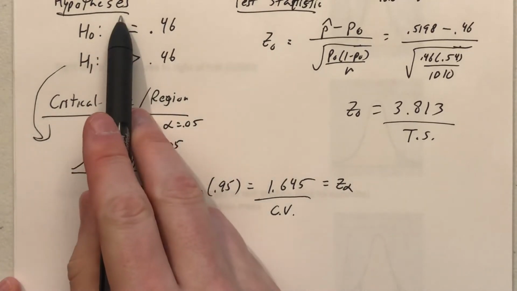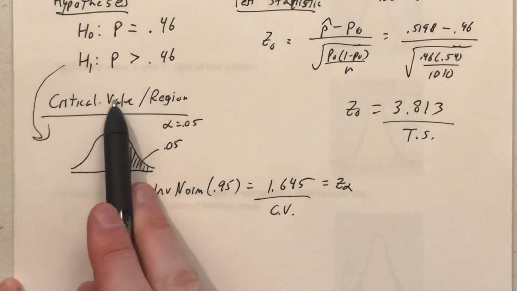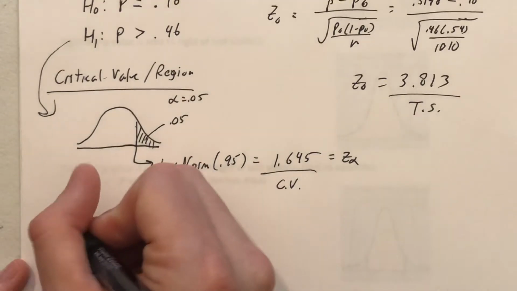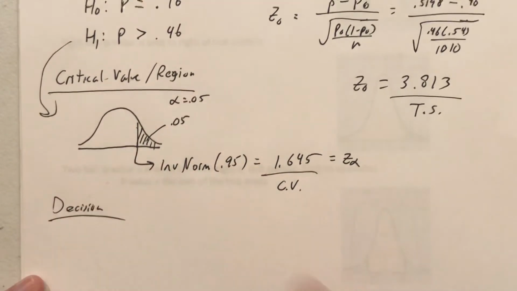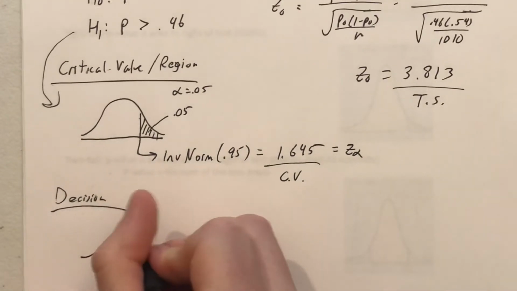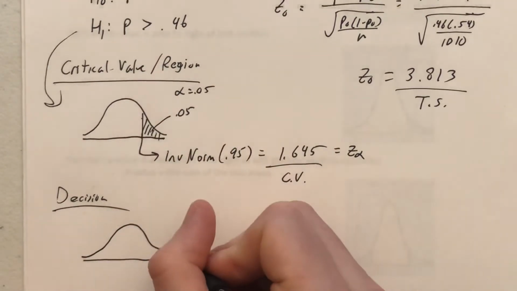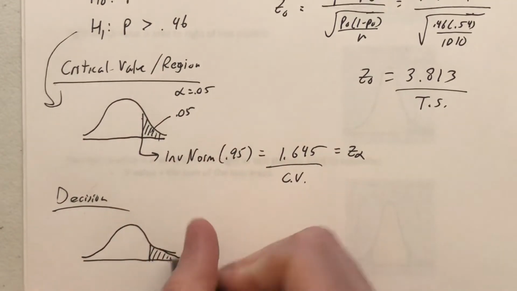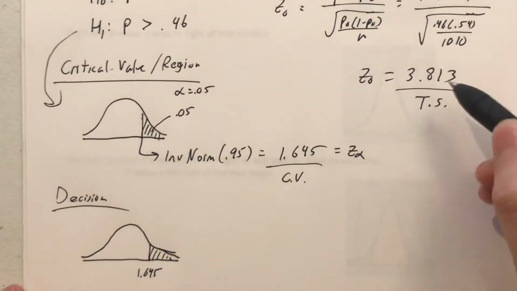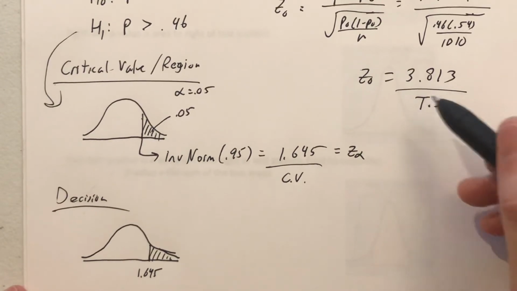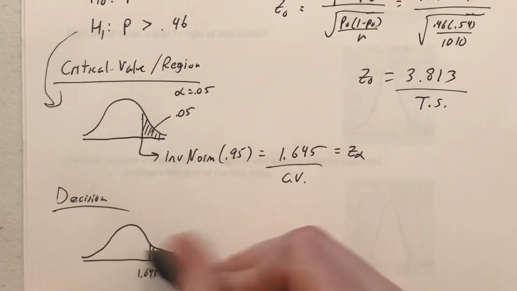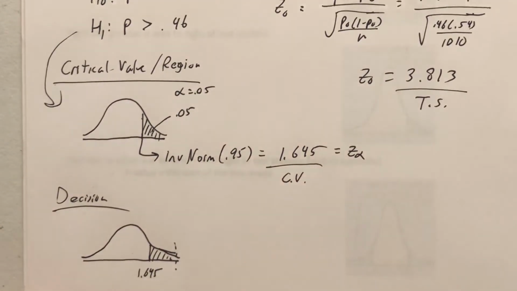So we've used our hypotheses, we've found our test statistic from our sample, and our critical value and critical region from alpha and the type of test that we're dealing with. The next quick thing, this does not take long, is the decision step. This is where you actually make the statement about the null. I'm going to draw a really quick picture again, recreating that picture up there, where we know the boundary of this critical region is 1.645. But then the question is, where does this value, 3.813, fall? Well, with a normal curve, we're centered here at 0, so 3.8 definitely falls to the right of 1.64.